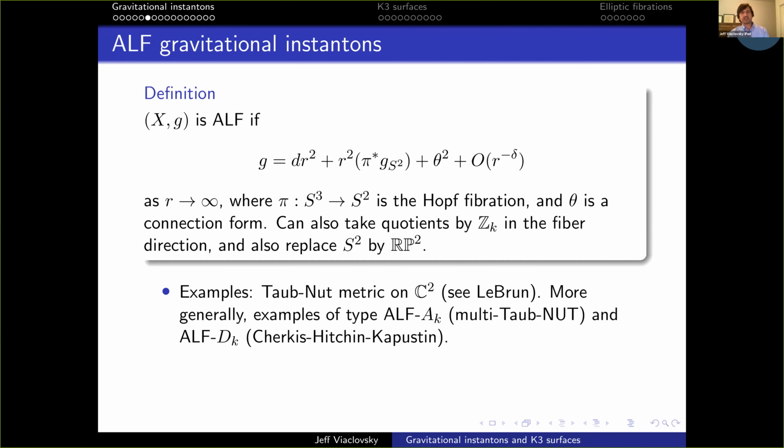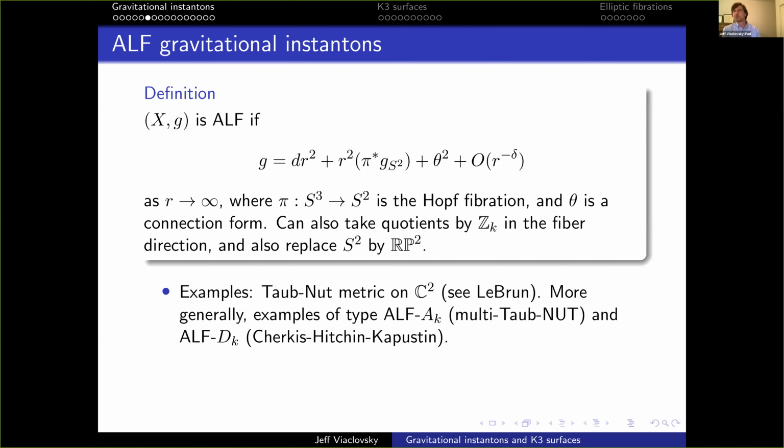Examples of these are the Taub-NUT metric on C2. LeBrun showed that it was known to be diffeomorphic to R4, but it's actually biholomorphic to C2. So there's no topology; it's a contractible space, yet it carries a non-trivial Ricci-flat metric. It's not the flat metric.